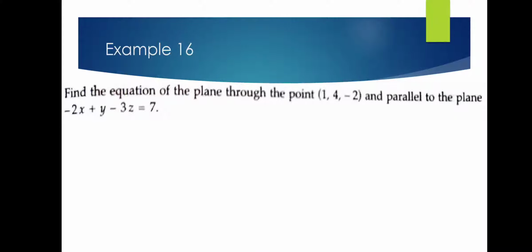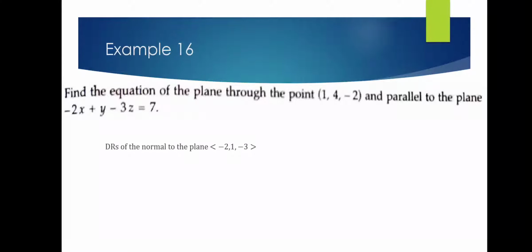Now we know if planes are parallel, then if ax plus by plus cz plus d equals 0 is the equation of one plane, its parallel plane will be ax plus by plus cz plus some k equals 0.